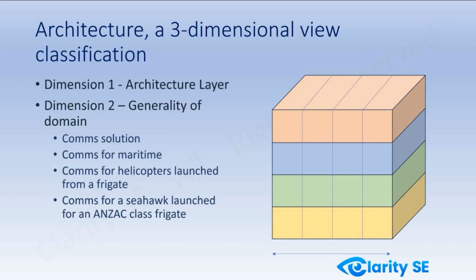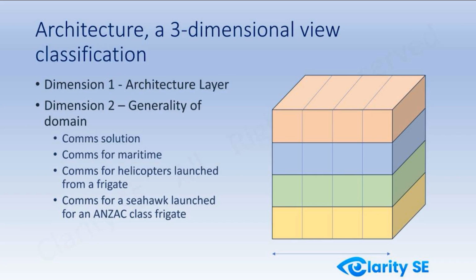Another thing that I think is quite interesting to consider is the generality of the architecture that you're building. I've used the example here of a helicopter off the back of a ship, where you might start with a fairly low level of specificity, where you're just talking in general about a comms solution. Then you might add a little bit more detail and talk about a comms solution in a maritime environment, where you might have certain data feeds coming in through your comms system because it is a maritime environment.